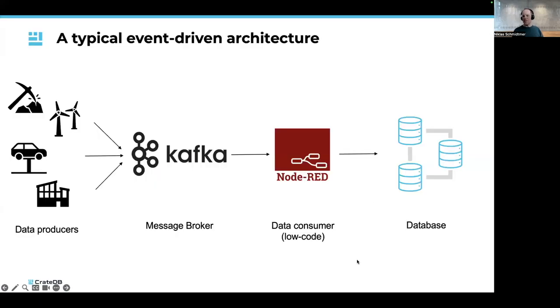So the scenario that we want to look at today is a typical real-time ingestion data flow. This means that we have a set of data producers, and this can be either physical devices like sensors that produce data, or if you are more into digital products, then it could also be users interacting with your platform, with your software tools, and leaving traces about how they use your product.